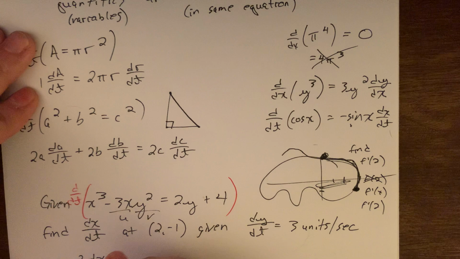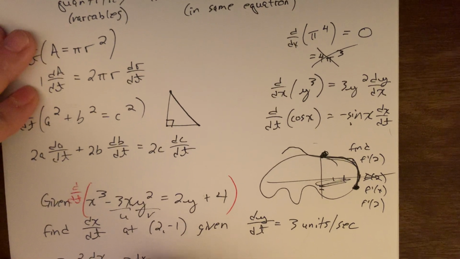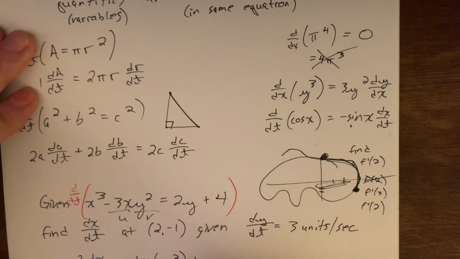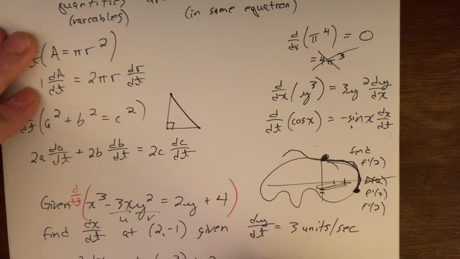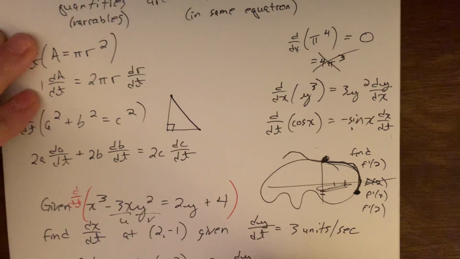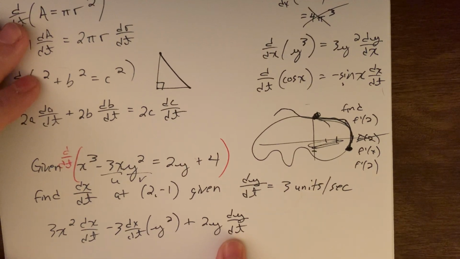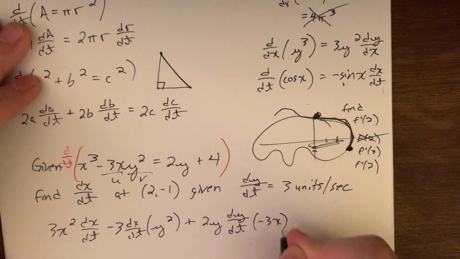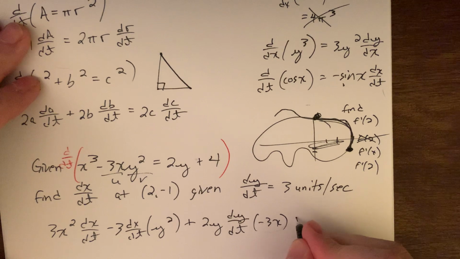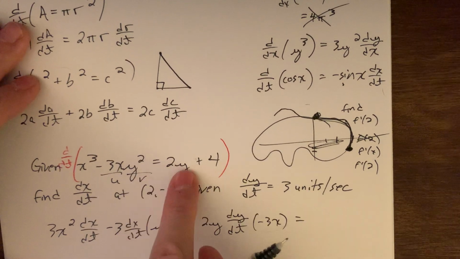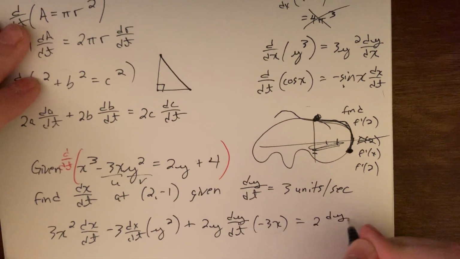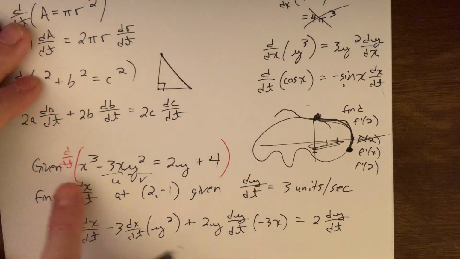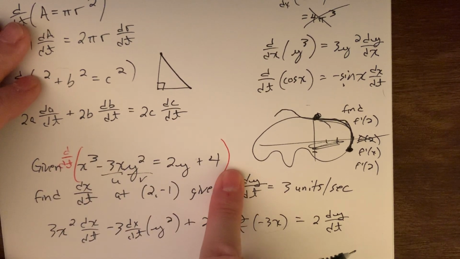So u prime, I'll get negative 3 dx/dt times v, plus the derivative of v, well, that'll be a 2y, and that'll get marked dy/dt. So all that is the derivative of v times plain old u, equals 2 dy/dt plus 0.